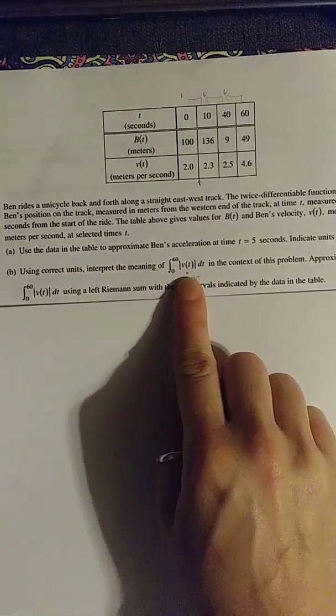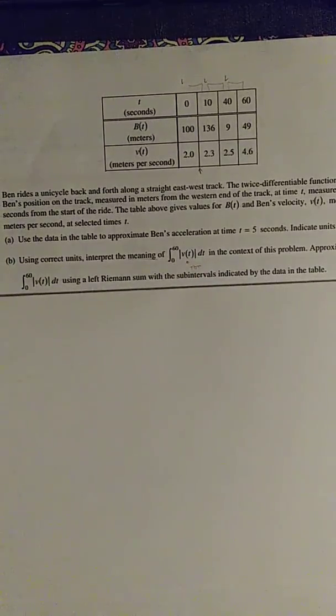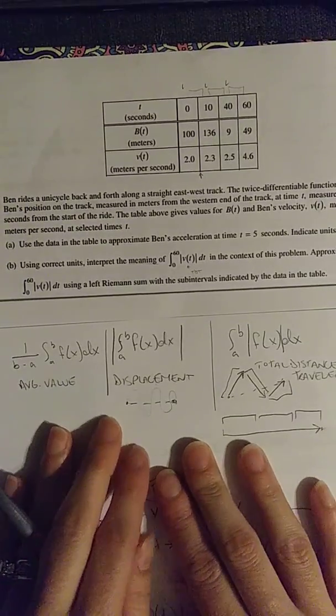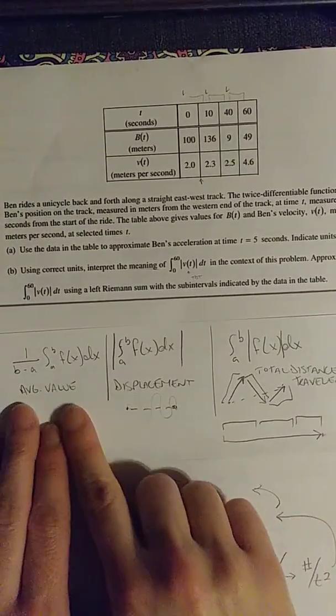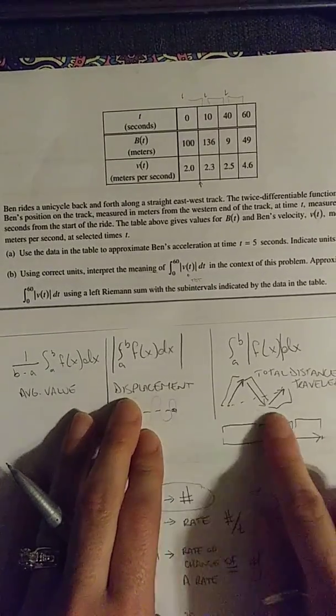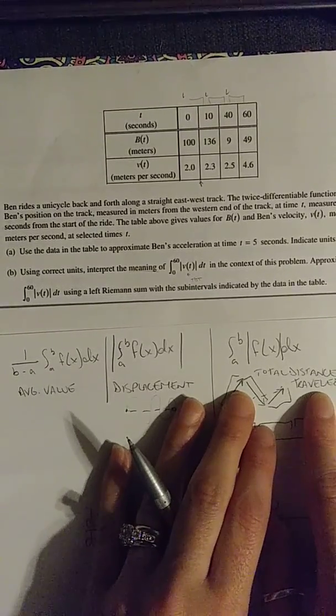So in this case, we have to interpret the meaning of this particular formula, which is why it's a very good idea to make yourself flashcards or to study in particular these 3 types of equations that we've already gone over. We have an average value equation, we have a displacement equation, and we have a total distance traveled equation.